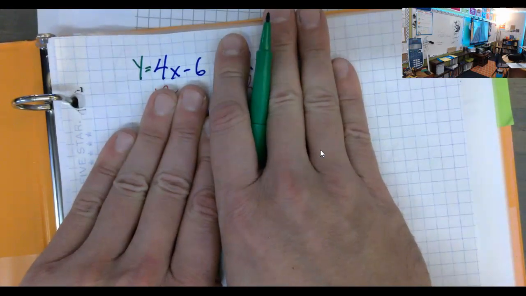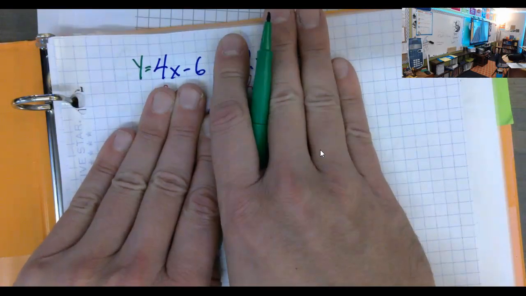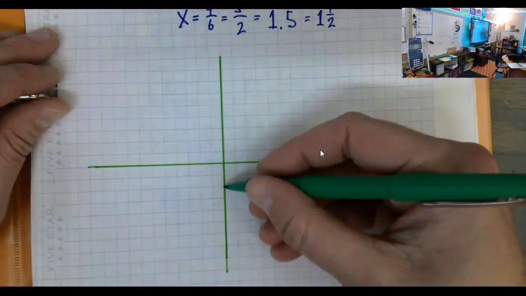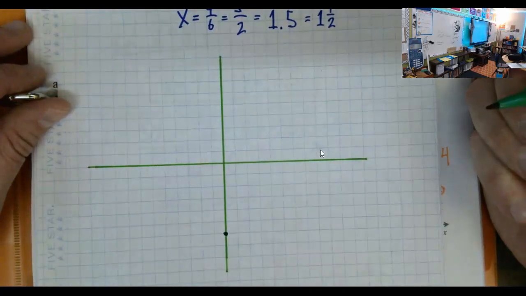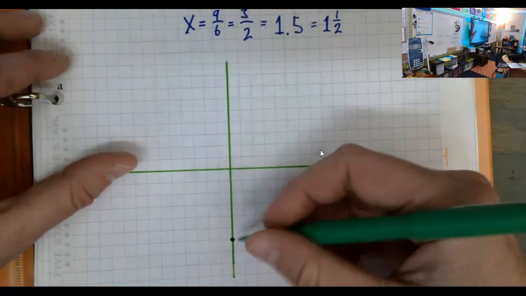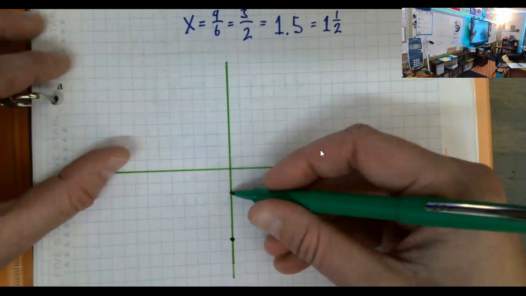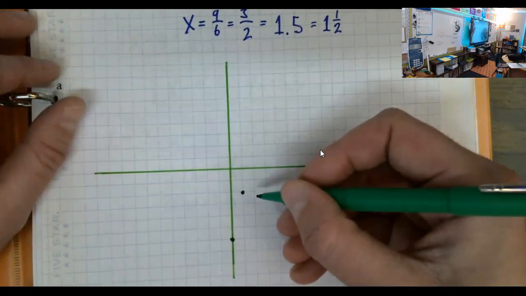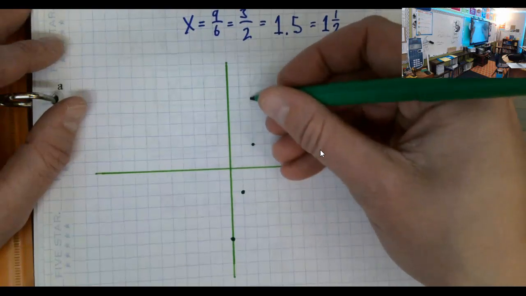And we normally want to start at our y-intercept. What is the y-intercept of this equation, anyone? -6. So we want to start at 1, 2, 3, 4, 5, -6. Then we use our 4 to follow the slope of 4. 1, 2, 3, 4 up, 1 over. 4 up, 1 over. 4 up, 1 over.